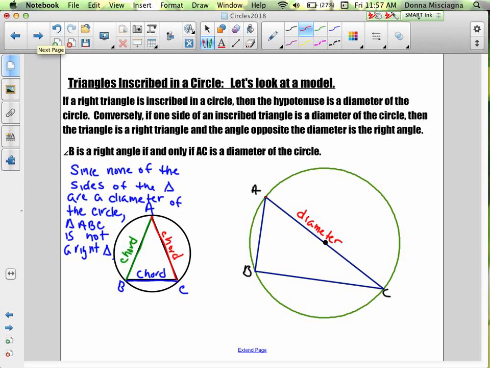Right, so here the vertices are on the circle, as much as I can draw them. There we go. All right, so since one side of the inscribed triangle is the diameter of the circle, then the triangle is a right triangle. So this is a right triangle, and the angle opposite the diameter is a right angle. That also makes the intercepted arc a semicircle.